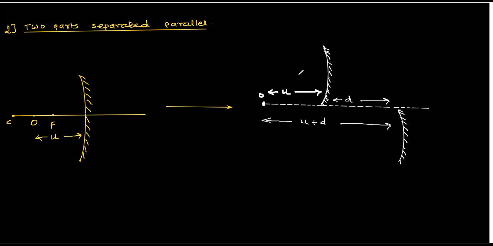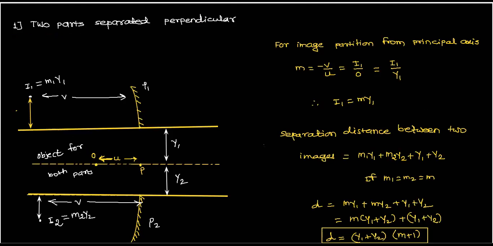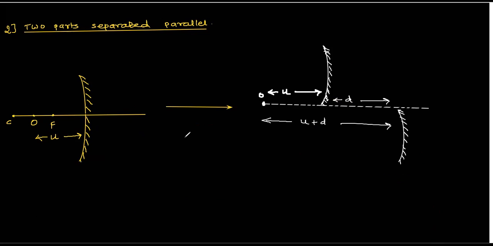So when we place these parallel mirrors, the object distance is going to change. Whereas if we place them like this, the object distance is going to be the same, u only for both the mirrors, but the image distance or the separation between the two images is going to change.